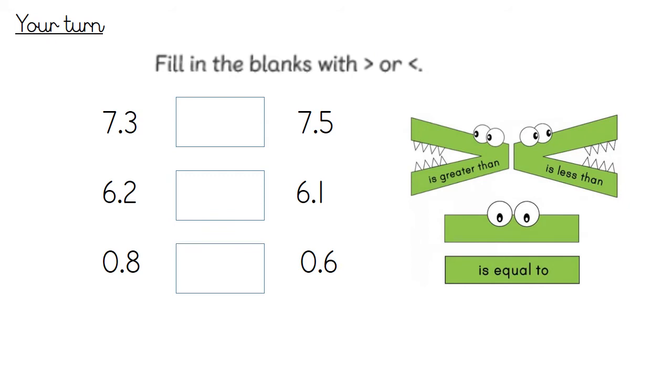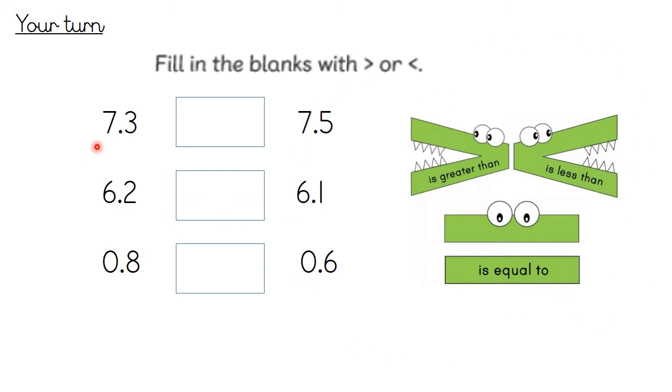Right, so here's your first little mini in-lesson task. It says fill in the blanks, so fill in those squares with greater than or less than or equal to. I'm pretty sure there's no equal to, and I think you can see that. I've given you the reminder on the left. So, exactly, I told you I wasn't good at left and right. On the right, here you go, if you get a little bit stumped.